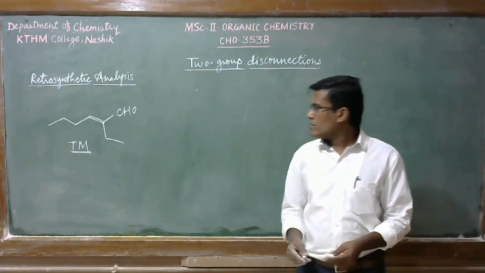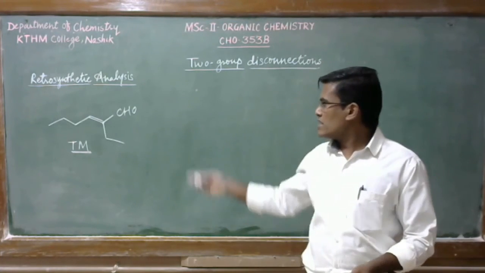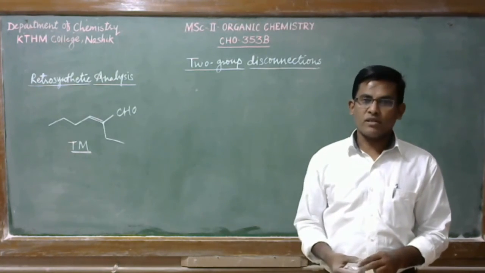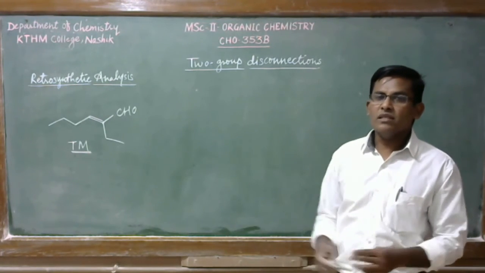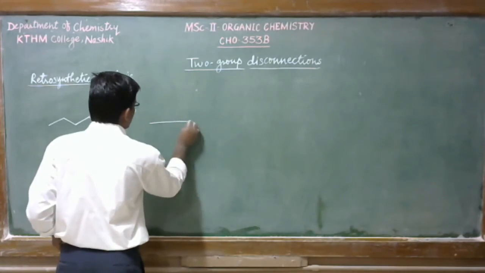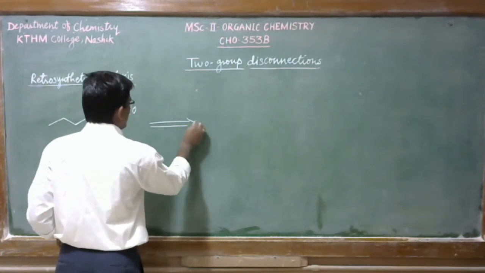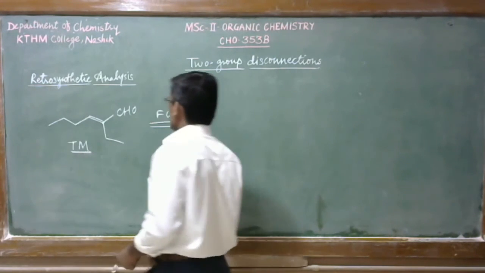So before disconnection, we should convert this alpha beta unsaturated carbonyl compound into the aldol. For that purpose, we need to do FGI, functional group interconversion.